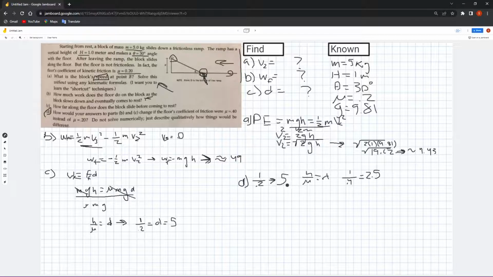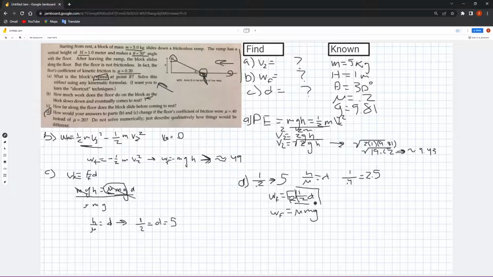So the distance would halve, but would the work change? The work would not change, because the distance is 1/2 but the force is greater, because the force applied is greater.